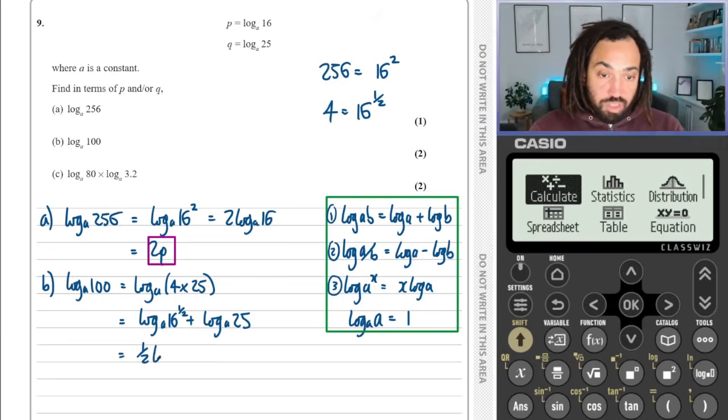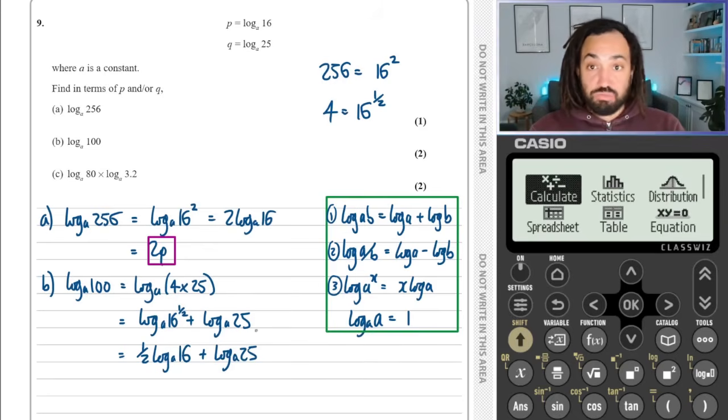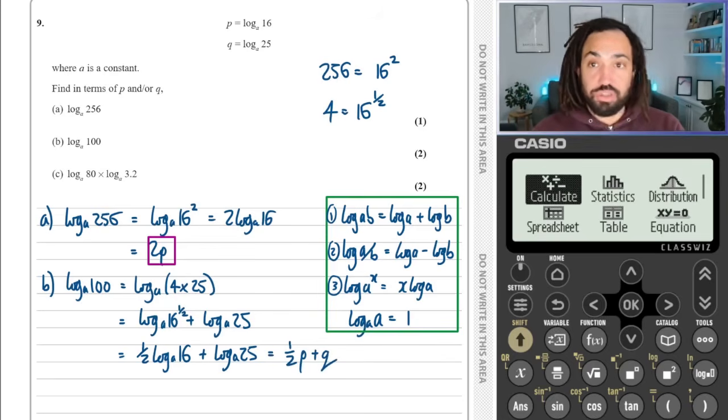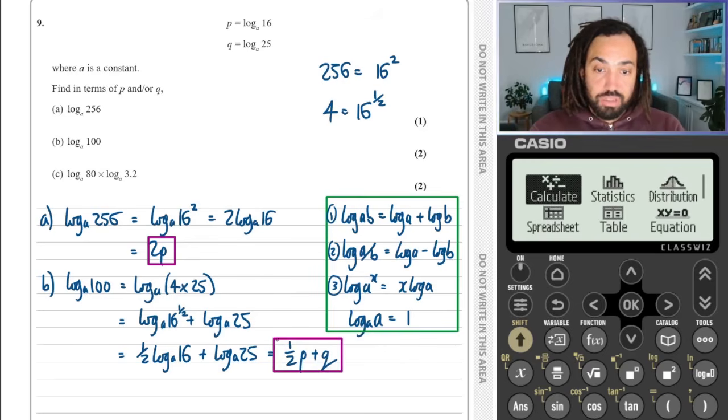So we get 1/2 log A of 16 plus log A of 25. And now this allows us to write them in terms of p and q, because log A of 16 is p and log A of 25 is q. So we're going to get 1/2 of p plus q. Brilliant.